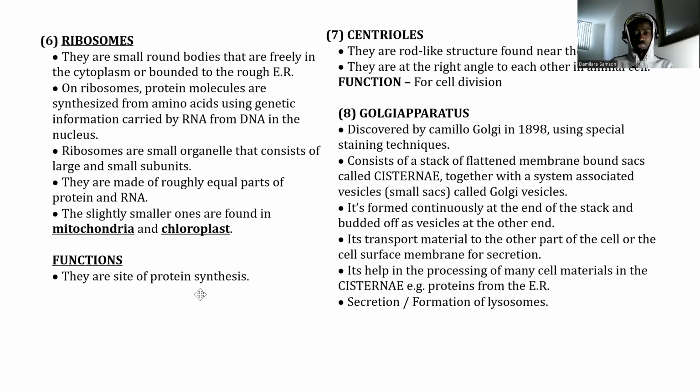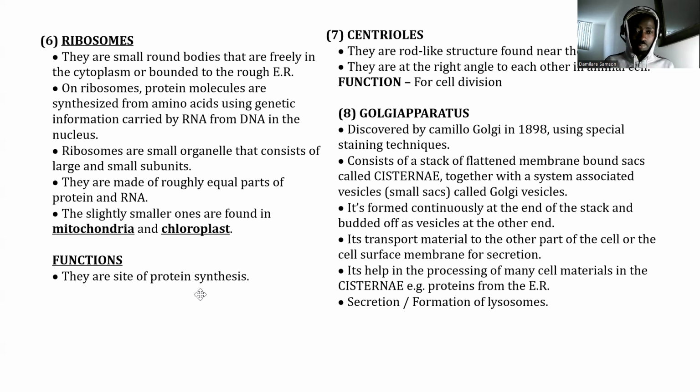Golgi apparatus, which was first discovered by Camillo Golgi in 1898 using special staining techniques. It consists of a stack of flattened membrane-bound sacs called cisternae, together with the associated vesicles, small sacs called Golgi vesicles.